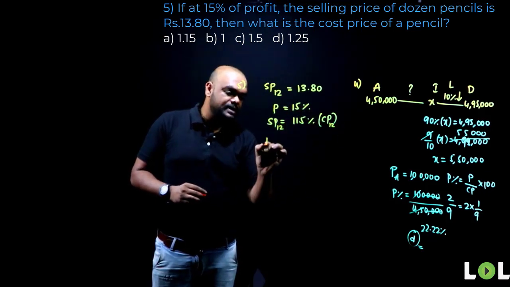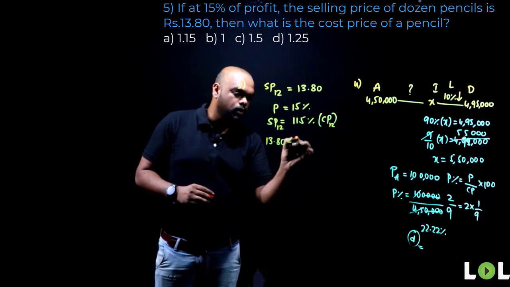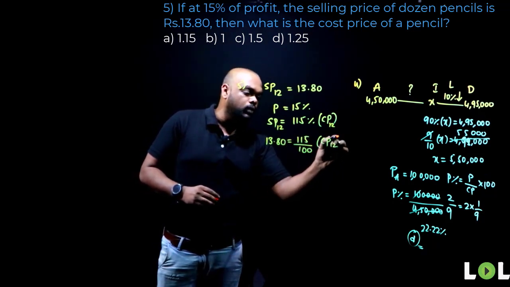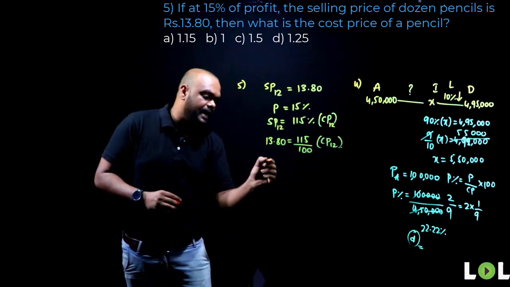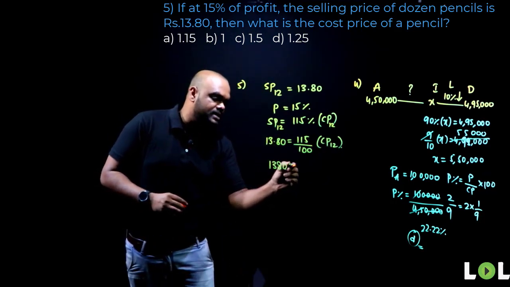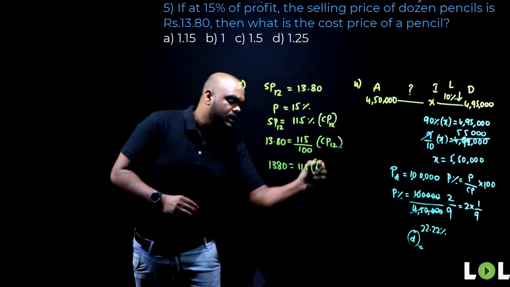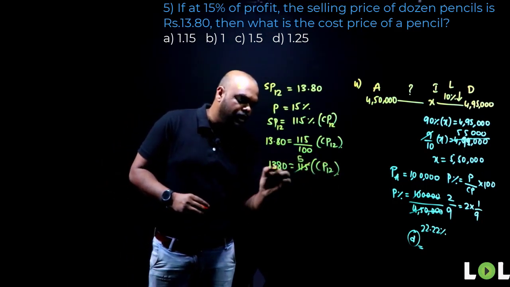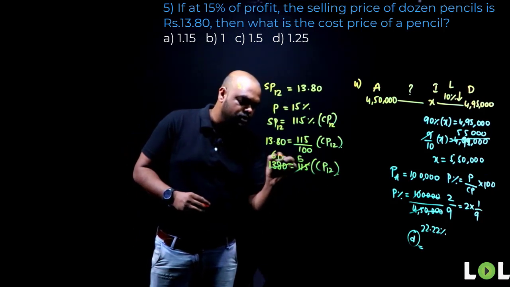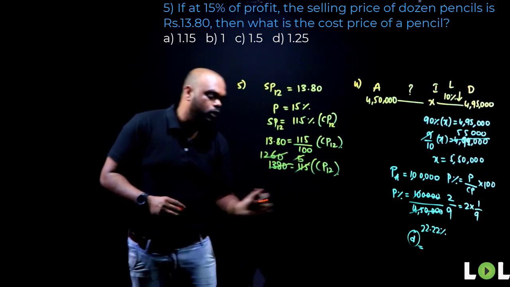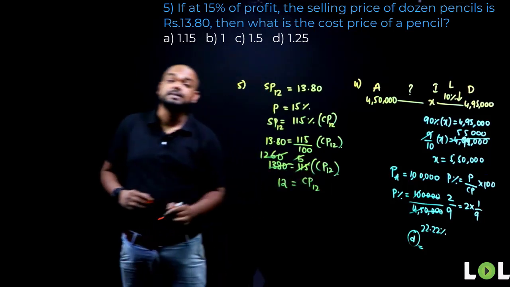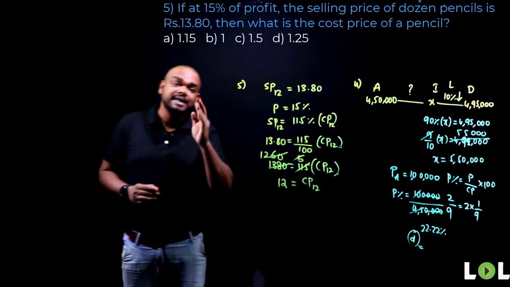What do we get? 13.80 is equal to 115 by 100 of CP of 12 pencils. I will send it this side. I will get 1380 equal to 115 of CP of 12 pencils. This goes with the 23 into 5. This is 23 into 60. 5 into 1, 5 into 12. What am I getting? 12. That is, cost price of 12 pencils is equal to 12 rupees. But what is he asking?